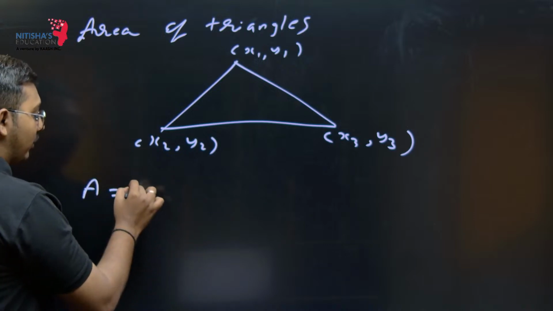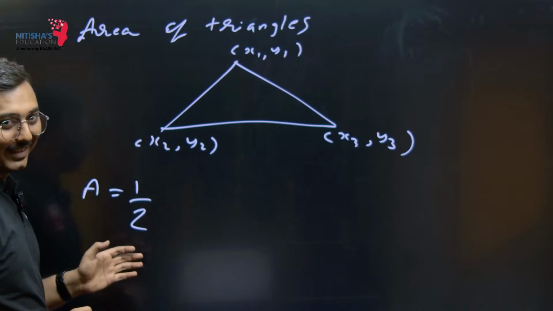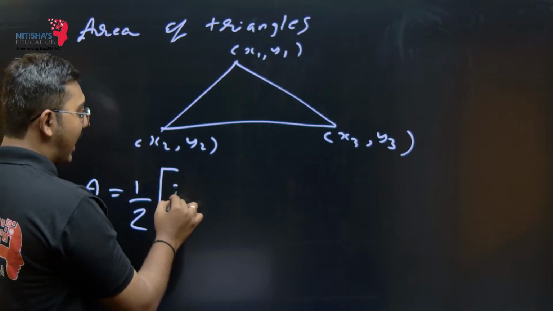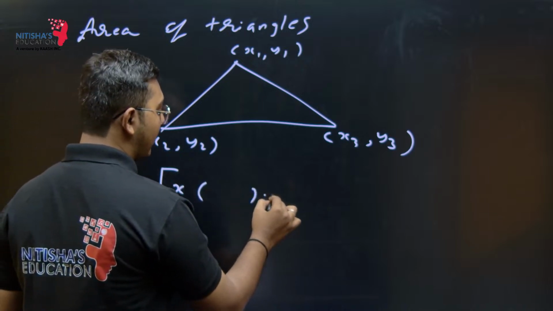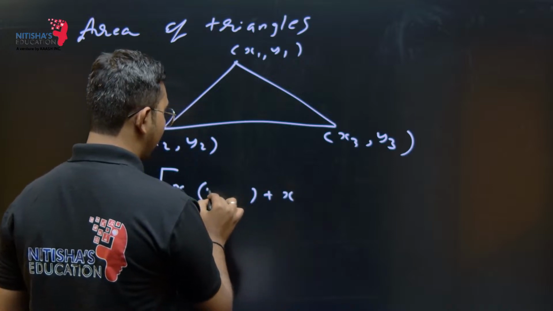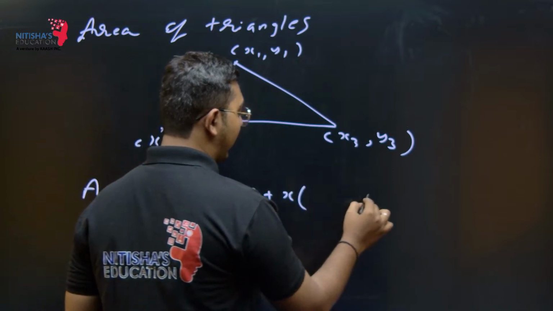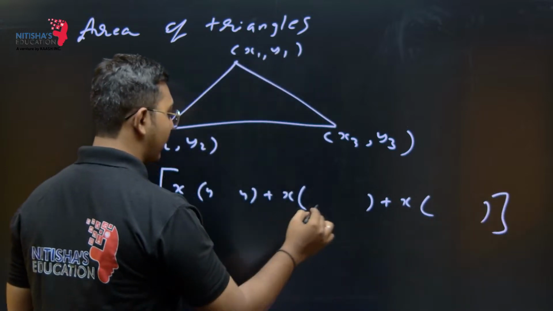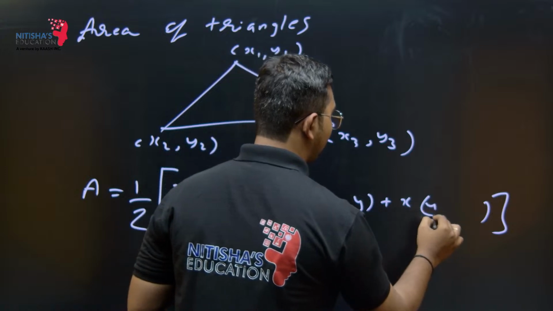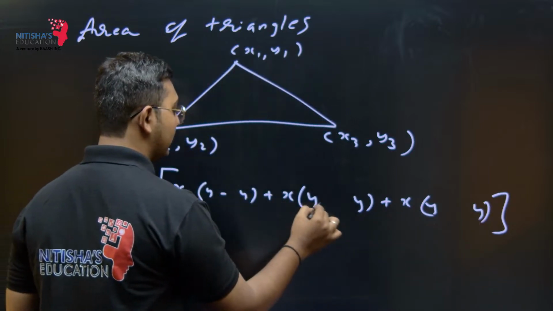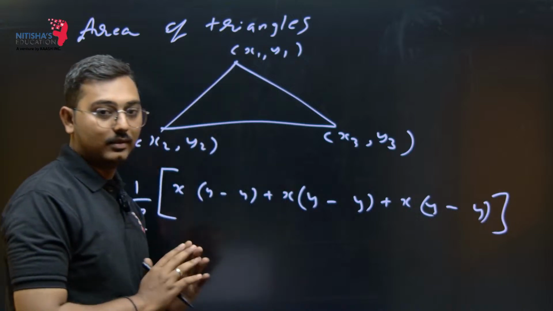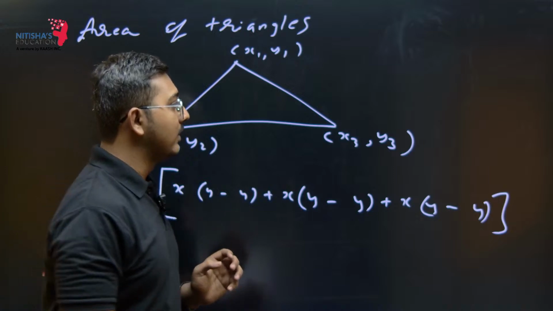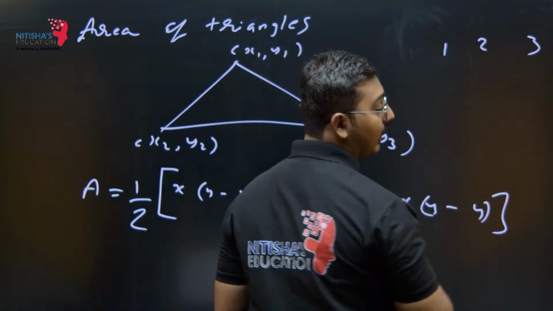Area is equal to half. Half is always there. Now first of all you will write x bracket y bracket plus x bracket y bracket plus x bracket y bracket minus, and minus. This is the first and foremost thing that you have to write. Now go with the sequence 1, 2, 3.